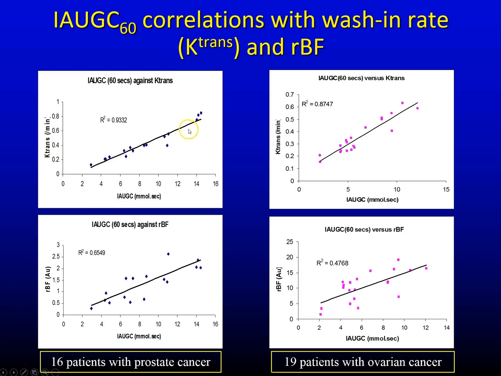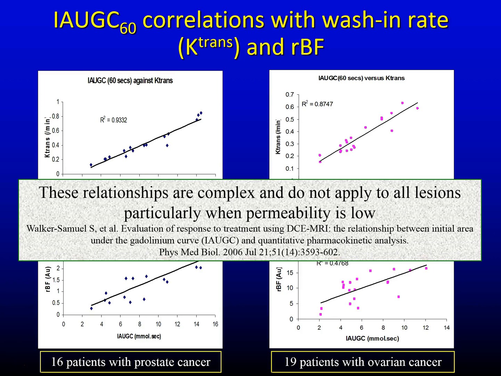You can see a good relationship in prostate cancer, and in ovarian cancer, and here is the initial area under the gadolinium curve with the blood flow and the blood volume for the same tumors. But these relationships are complex and do not apply to all lesions.